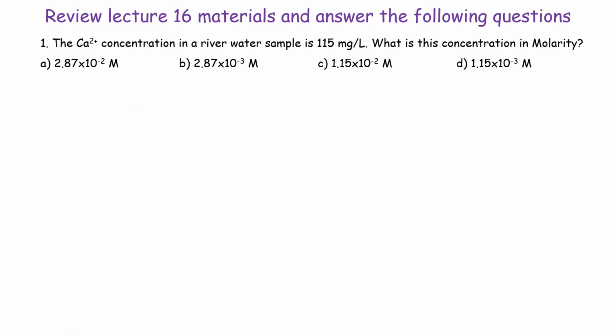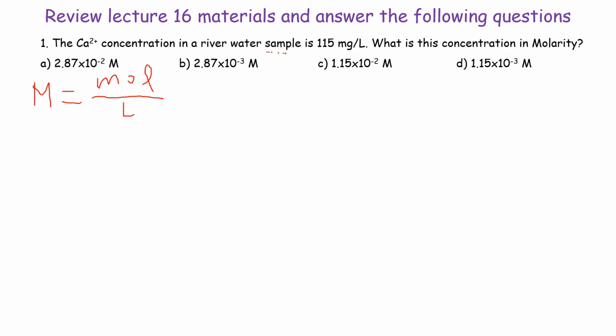Here is quiz number 1. The calcium concentration in a river sample is 115 milligrams per milliliter. What is this concentration in molarity? So we know the key equation for molarity is M equals moles of solute over liters of solution.